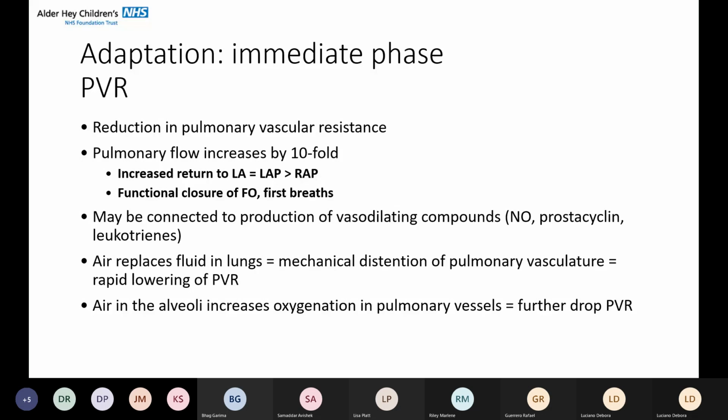Also, one of the reasons that pulmonary vascular resistance drops is mediated by stimulation of pulmonary stretch receptors, resulting in reflex vasodilatation, better oxygenation of neonatal blood, and also reversing pulmonary vasoconstriction caused by hypoxia. And that's in terms of pulmonary vascular resistance.